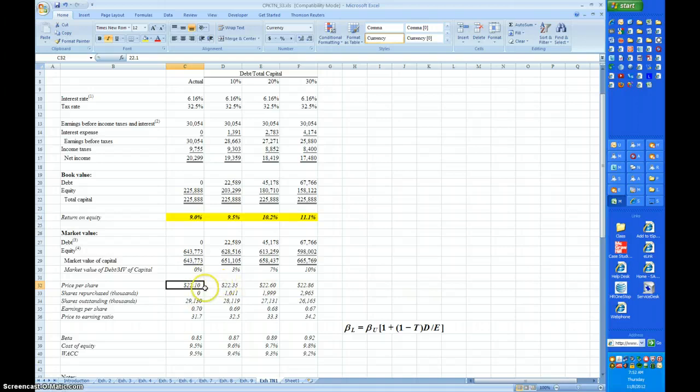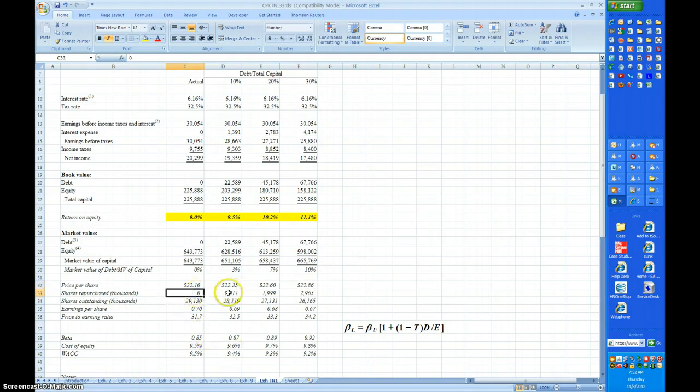So this is $22.10 a share, and we're adding 25 cents a share, which is 32.5% times 22,589,000 divided by number of shares outstanding. So again, this adjustment of the debt times the tax rate raises the stock price. So the more debt, the higher the stock price goes, because of the value that is not paid away to the tax authorities.